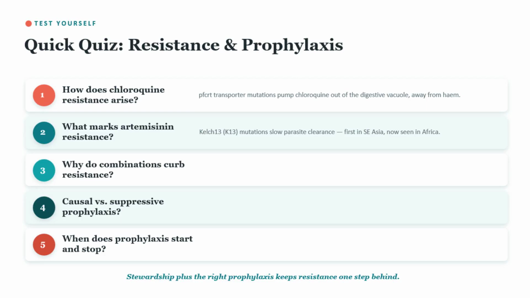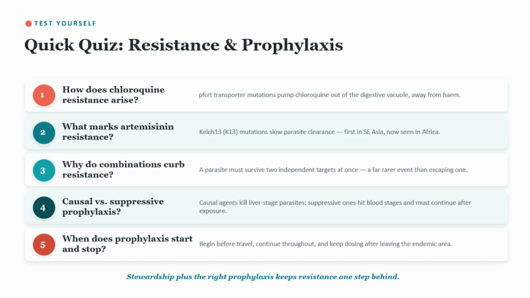Let me close with this final quiz to consolidate our resistance and prevention material. I want to walk you through the molecular markers. You absolutely must know PfCRT for chloroquine, DHPS for sulfadoxine-pyrimethamine, and Kelch13 for the partial artemisinin resistance now spreading from Southeast Asia into Africa.